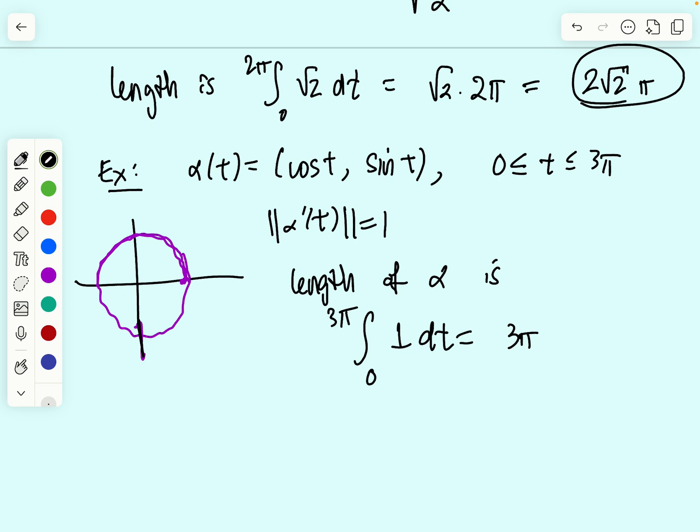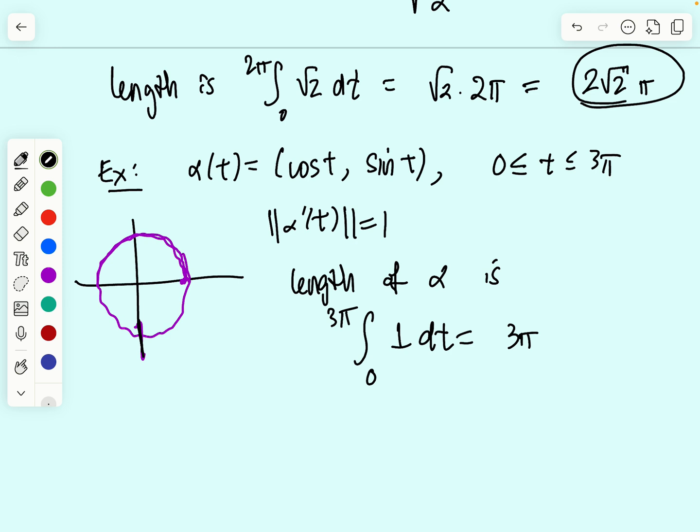Well, that's not what we would call the length of this circle, right? We would think of the circle as having circumference 2 pi. So now we see that the length of the curve depends on the parameterization.